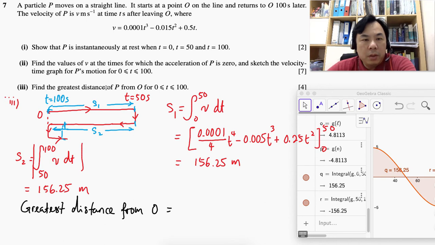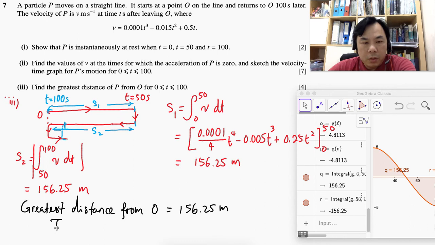Find the greatest distance of P from O for 0 to 100 seconds. So the greatest distance from O itself must be 156.25. The total distance will be twice of this.